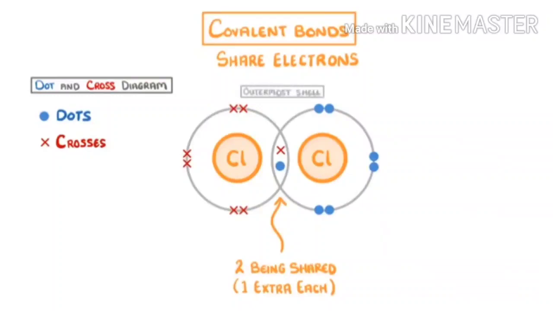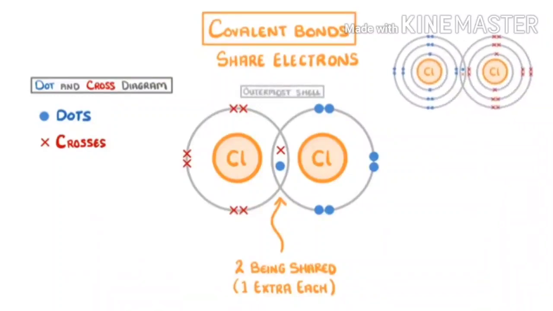In this covalent bond, 2 electrons are shared by both the atoms. So this bond is known as the covalent bond. Here, co means mutual sharing and valent means valence electrons, and this bond is represented by a single line.